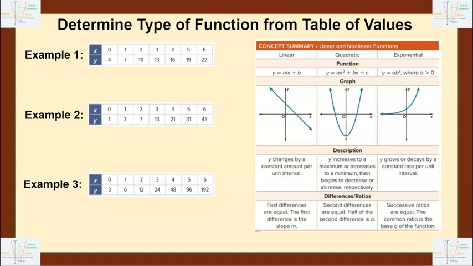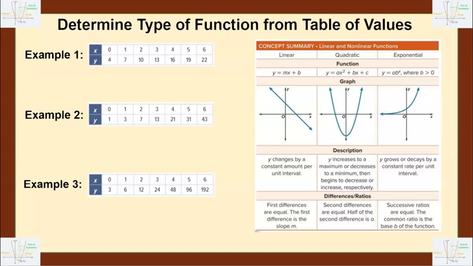And then the other kind is exponential, which is in the form of y equals a times b to the x power. b cannot be negative and it can't be 0, because it has to be greater than 0. If b is 0, then you wouldn't have an exponential involved.